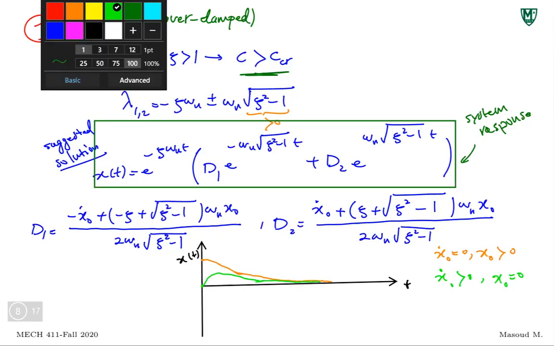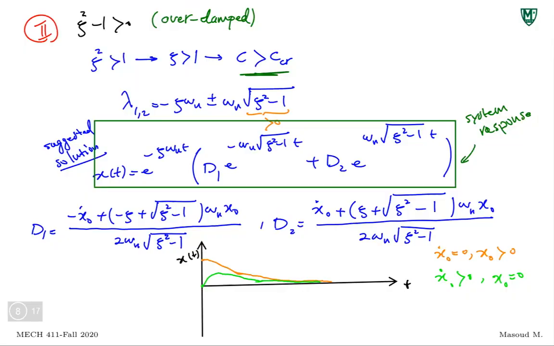The last example I did here: x naught dot is 0, and x naught is negative, like initial displacement is negative. So we'll see the same situation. It starts from here at the bottom, and the slope should be 0 because the initial velocity is 0.